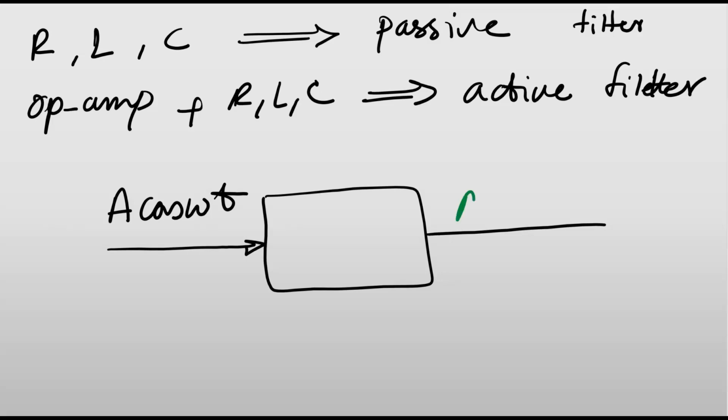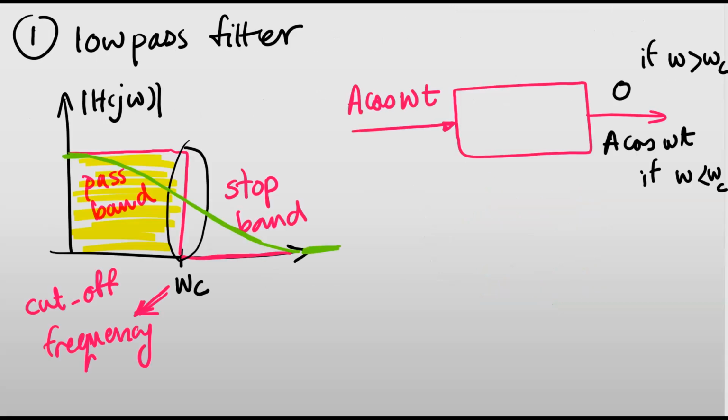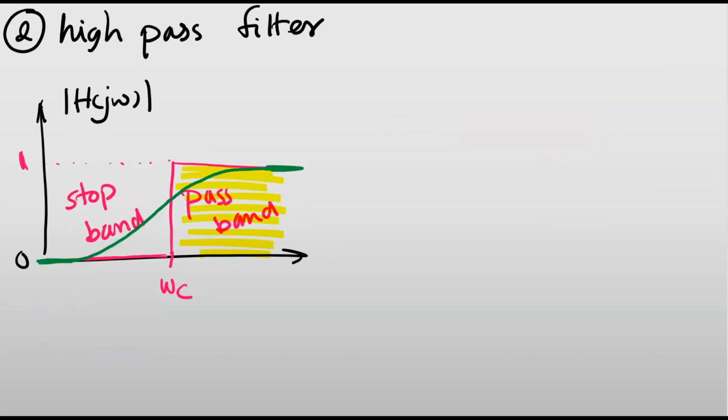So your A prime cosine of omega t has a magnitude which can be equal or smaller than A. There is no way that you can have amplification with a passive filter, and that's why in previous filters all of them had a maximum gain equal to 1, that you can see here.